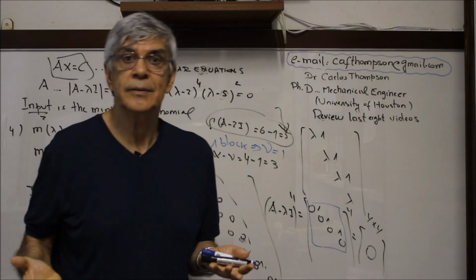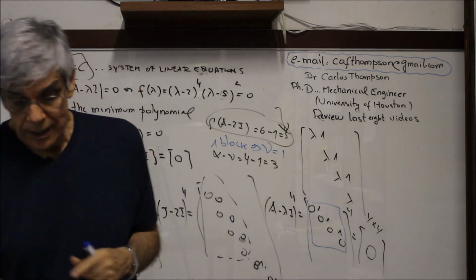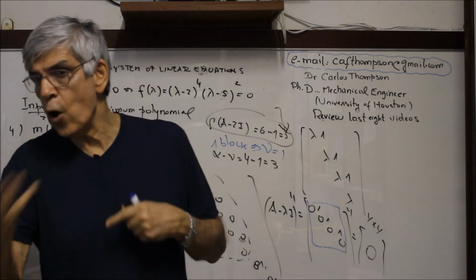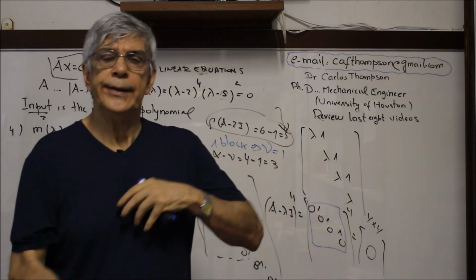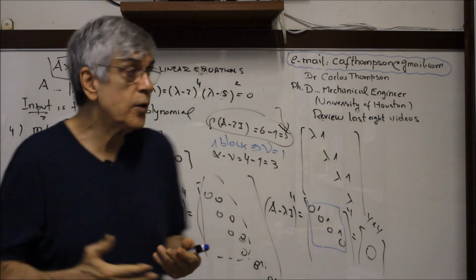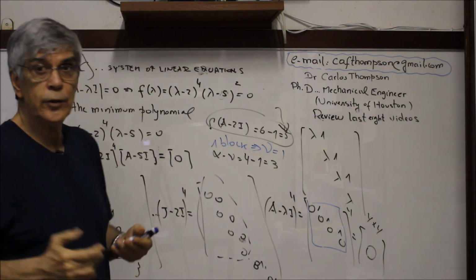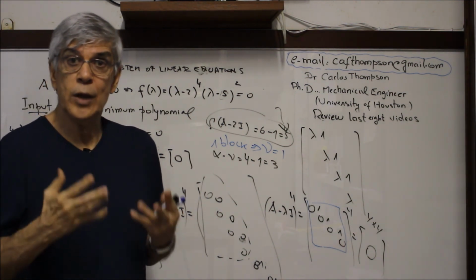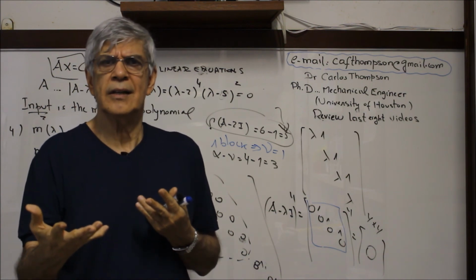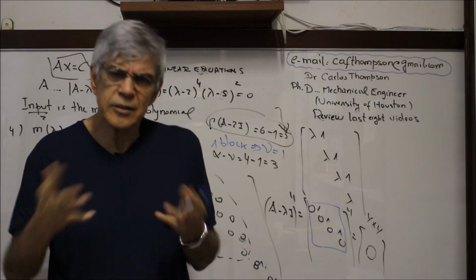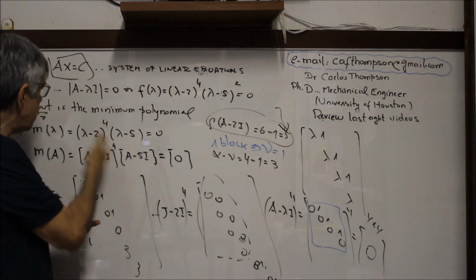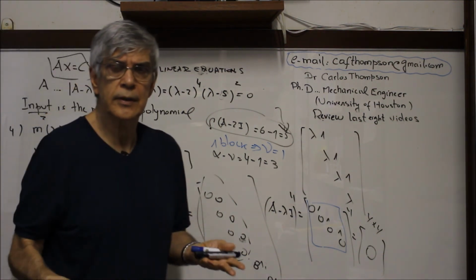But the minimum polynomial, if you open books and videos, they talk about the minimum polynomial and do a lot of things with it. But to solve this equation, we don't need it. Okay? For me, it's cumbersome, I think. It's boring to try to make tests and find out what's the minimum polynomial. Okay? It's boring.